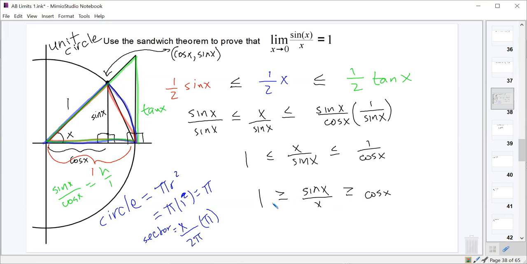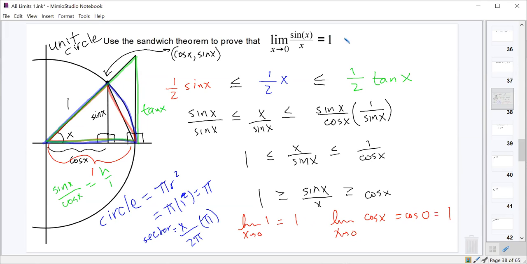And so all we'll need to do is find the limit as x approaches 0 of 1, which is what? 1. And we'll need to find the limit as x approaches 0 of cosine x, which is the cosine of 0, which is 1.